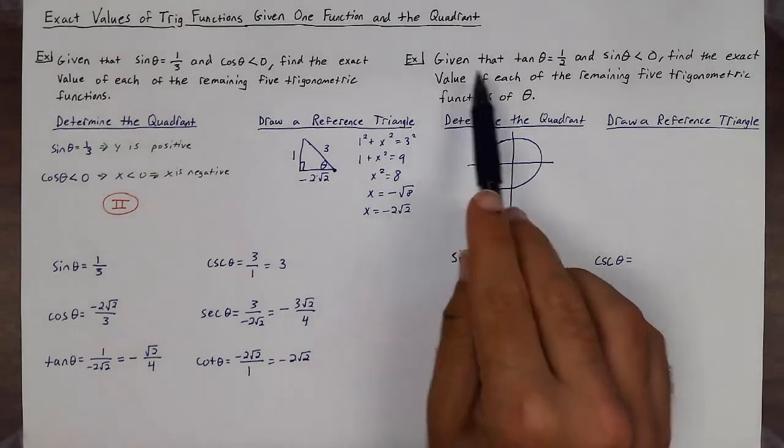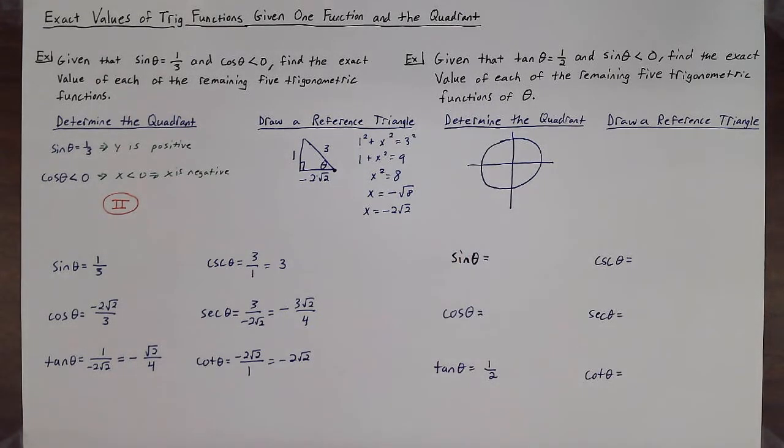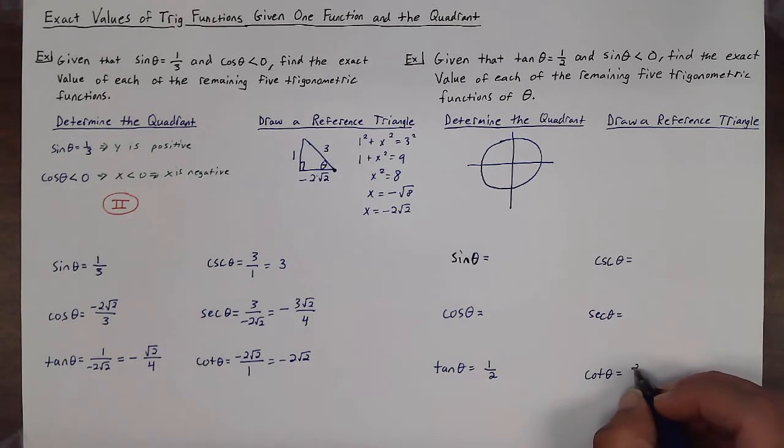Given that the tangent of theta is 1/2 and sine of theta is less than 0, find the exact value of each of the remaining 5 trigonometric functions of theta. So really quick, using a trig identity, if I know that tangent of theta is 1/2 and cotangent is the reciprocal of tangent, I already know that cotangent of theta is 2 over 1. It's reciprocal, which is 2.